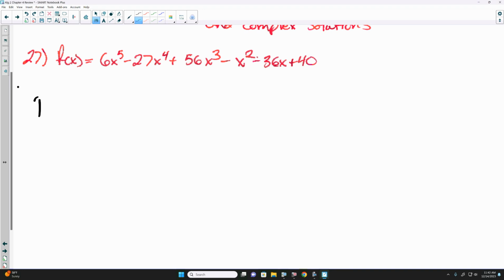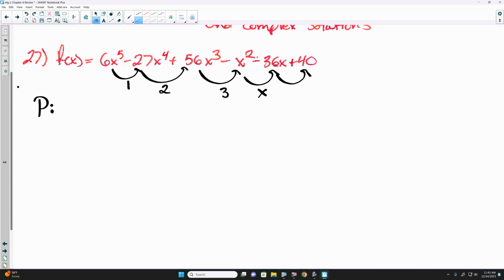Now to find the number of positive solutions, we count the number of sign changes of the function itself. So x to the 5th to x to the 4th goes from positive to negative, so that's 1. 4th to the 3rd goes from negative to positive, so that's 2. From our 3rd to squared goes from positive to negative. From x squared to x goes negative to negative, the sign did not change, so we can't count it.